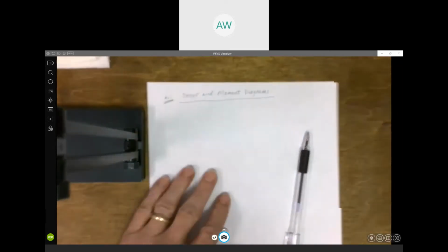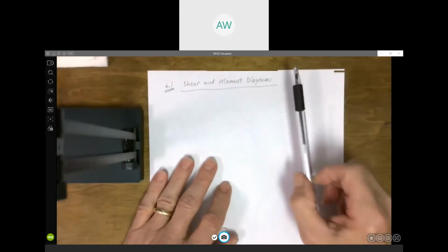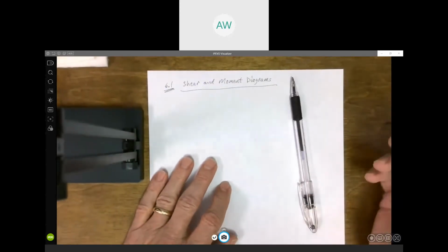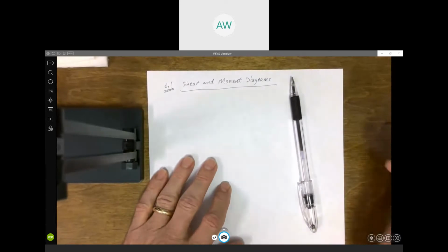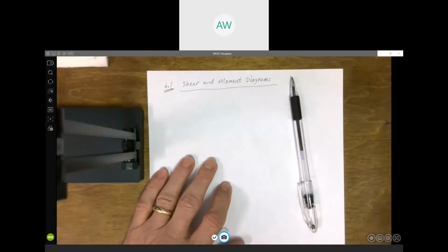Whereas chapter 5 was all about twisting circular shafts, chapter 6 and chapter 7 have to do with beams. So we've looked at axially loaded members, shear stress in joints, torsion of circular shafts. Now we're going to move into analyzing beams.